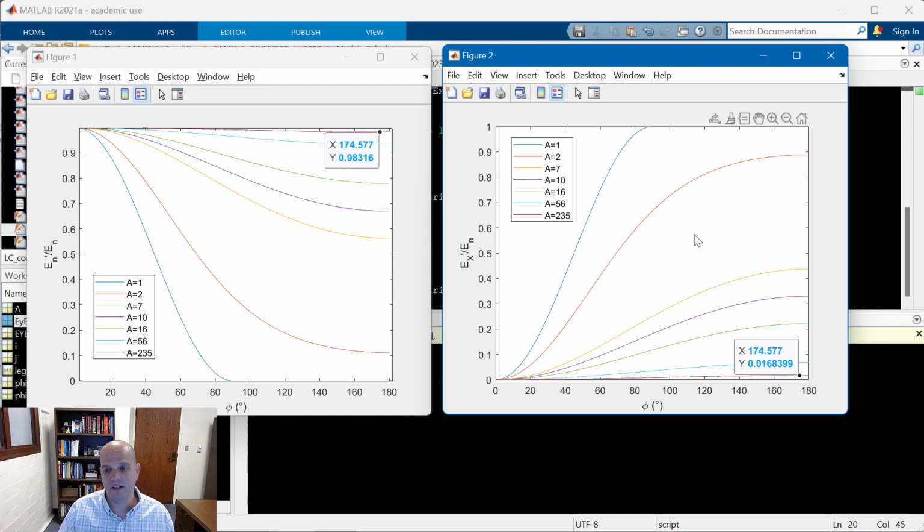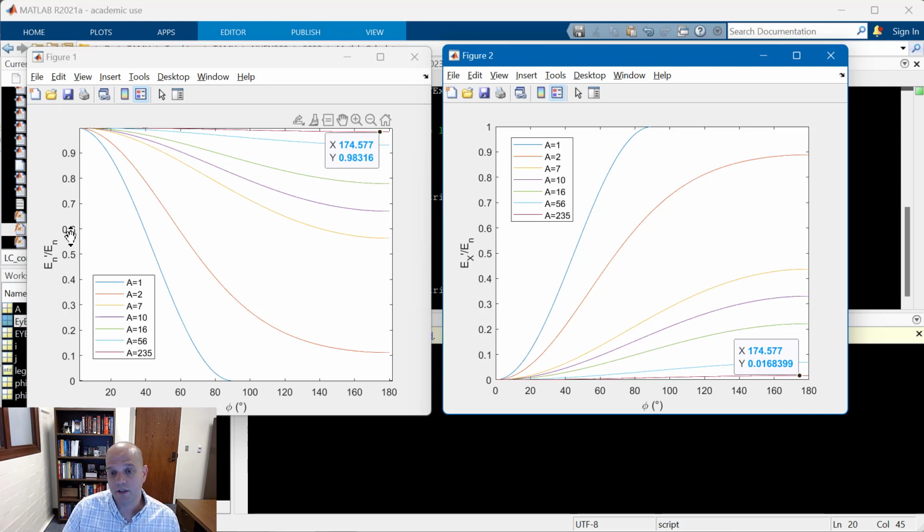In fact, for an extremely large mass number, as it goes to infinity, I would see no change. And as I decrease that mass number, I get more and more energy exchange. So the lower this curve goes, the lower this number is, and the more energy transfer I was able to achieve between the neutron and the target.